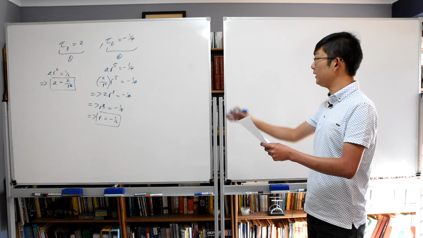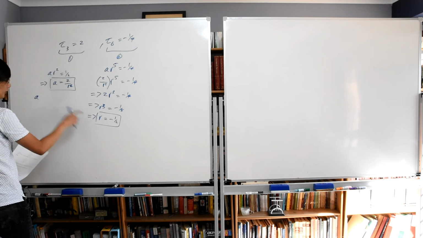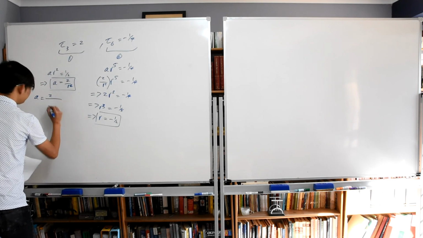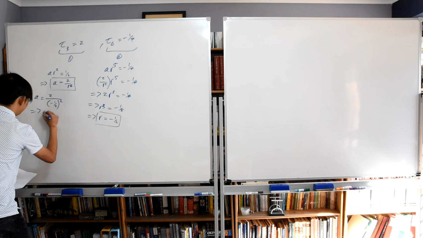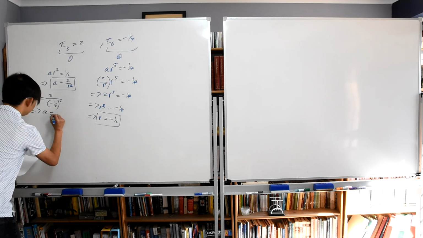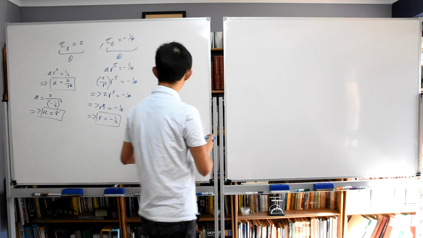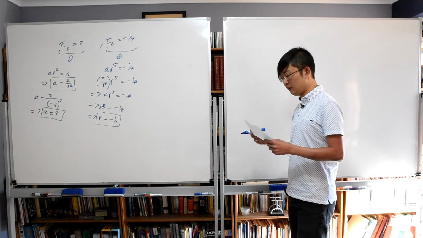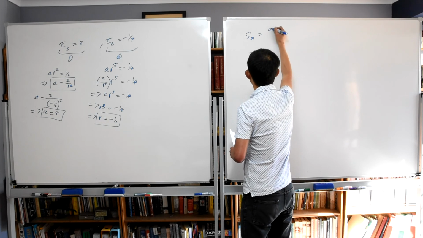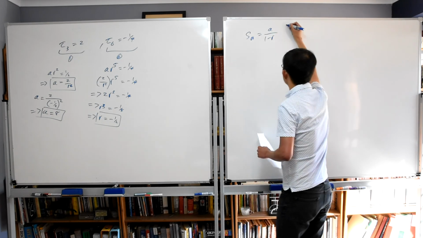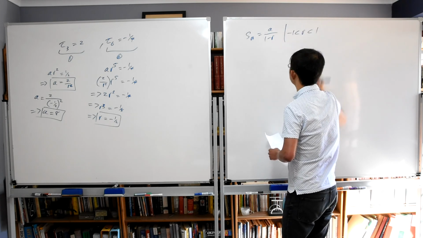Going back to T3, we get a is equal to 2 on minus half squared. And so the a value is 8. Since we got the a value and the r value, we can actually find the sum of the infinite series. And the sum of the infinite series, once again, is going to be s infinity is equal to a on 1 minus r, assuming that r is between minus 1 and 1.